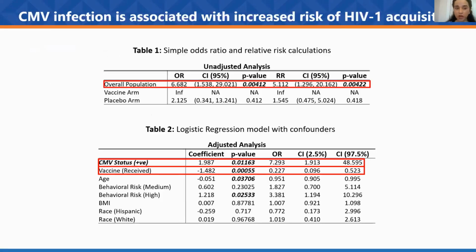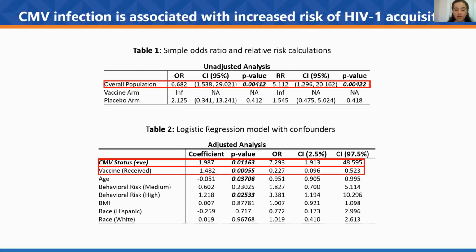So coming to the exploratory analysis, the first one: is CMV infection associated with the risk of HIV-1 acquisition? We looked at simple odds ratios and risk ratios, and we found that the risks and odds are actually higher in CMV positive people as compared to CMV negative people.